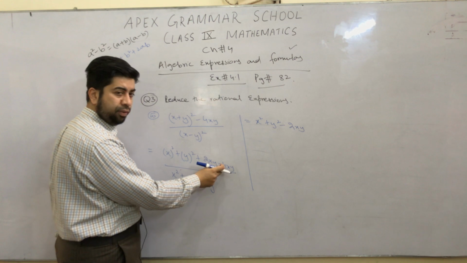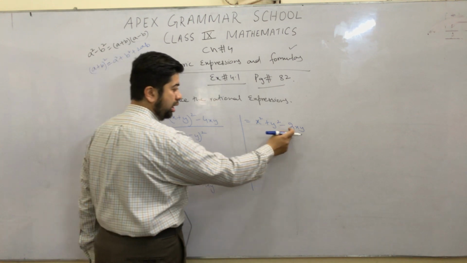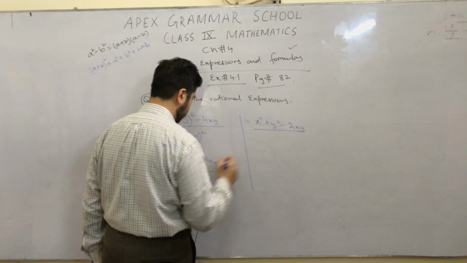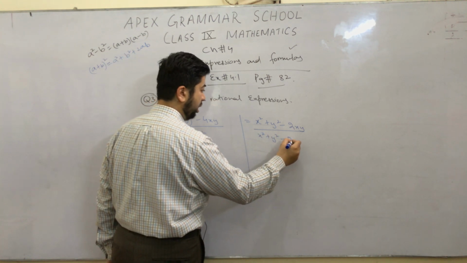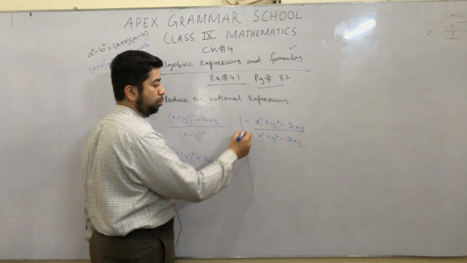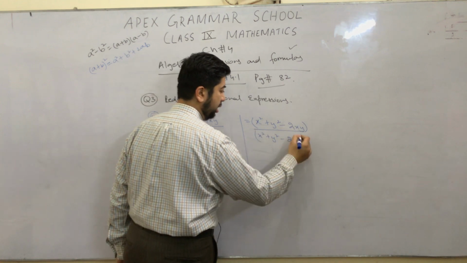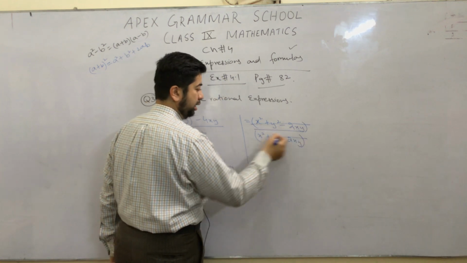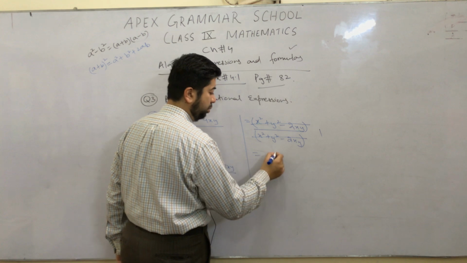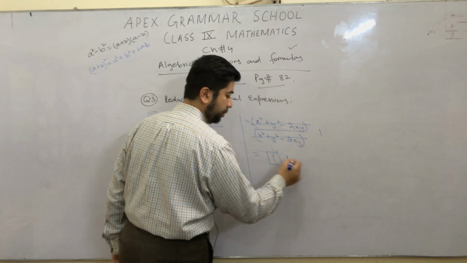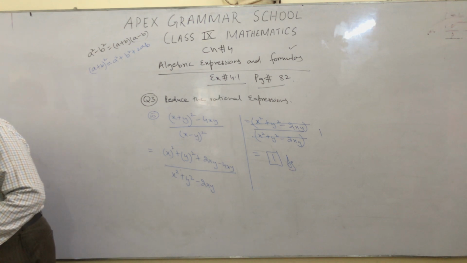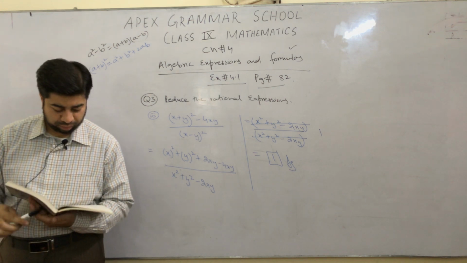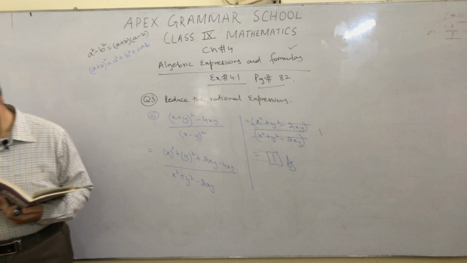Plus 2 minus 4, answer will be minus 2, and both variables here. And in denominator, x square plus y square minus 2xy. So both values can cancel themselves like this, so our answer will be 1. Next question will be part number 4.